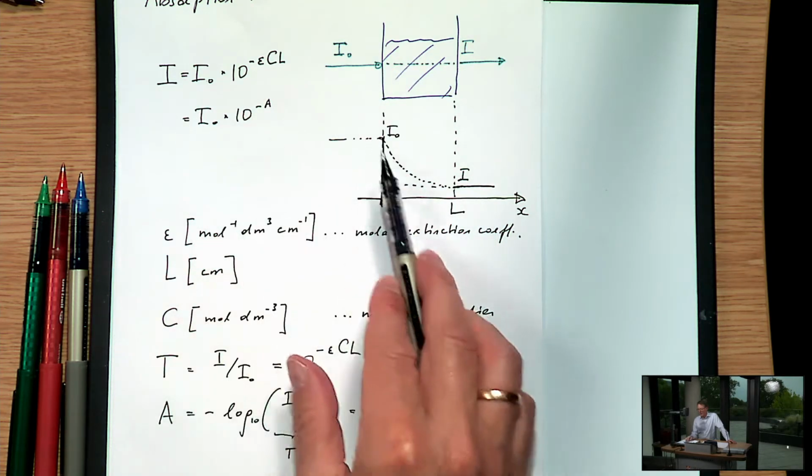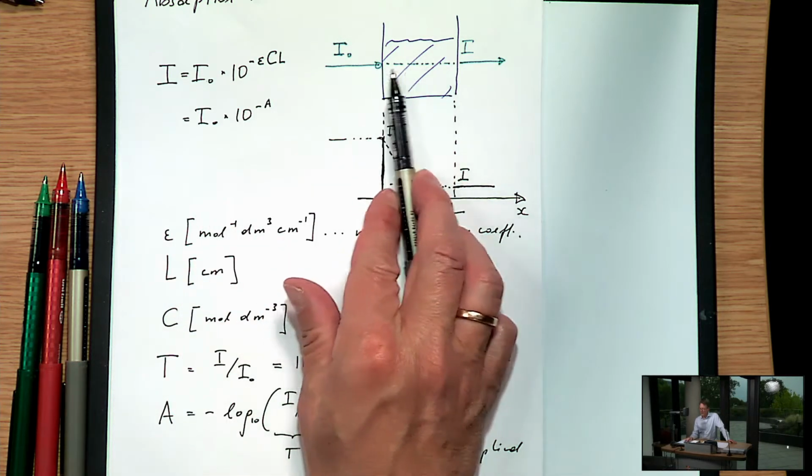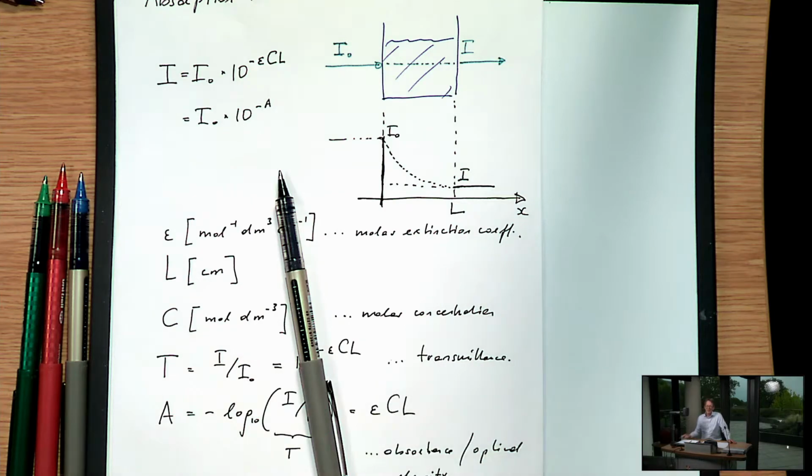If I over I naught is 99%, only 1% is absorbed. Detecting a change in intensity of 1% on a bright signal is really hard. I mean, if I turned the lights here down by 1%, I bet you wouldn't see it. You wouldn't see any perceptible change in my brightness on this picture here. It's very, very hard to do that.